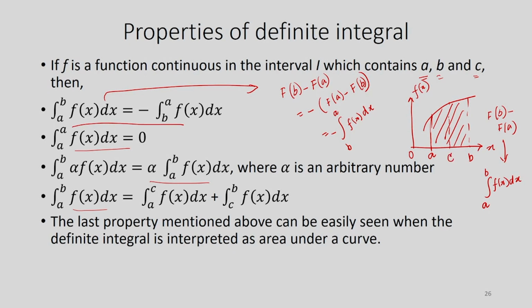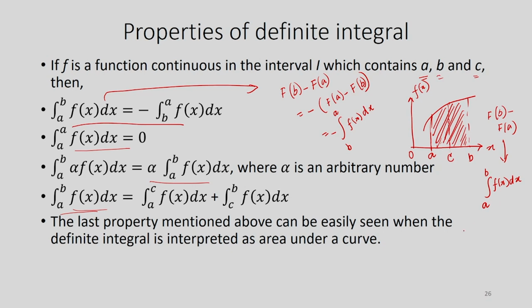Now, I know the left hand side, that is a to b f(x) dx, is the entire shaded region. This entire shaded region can be subdivided into two separate regions. One is from a to c and the other is from c to b.